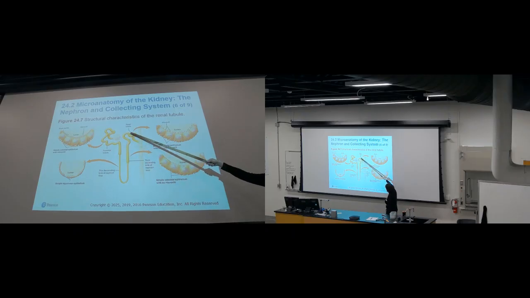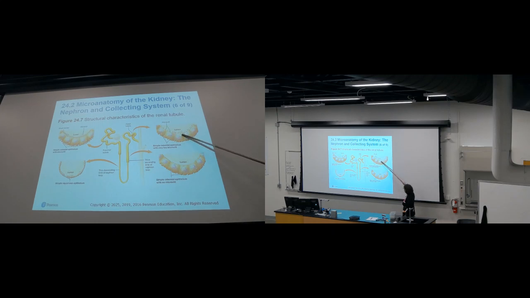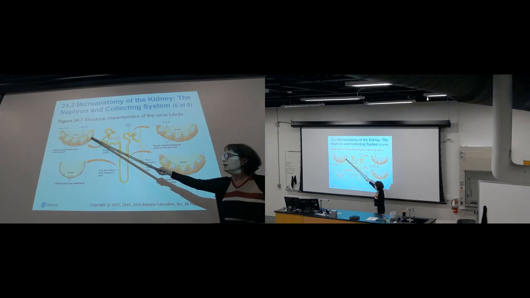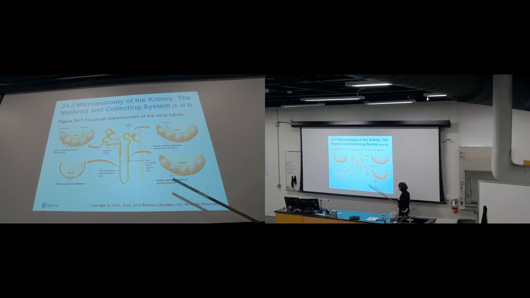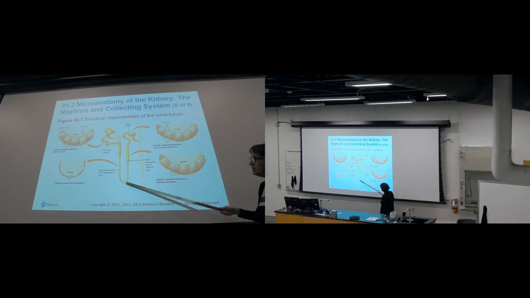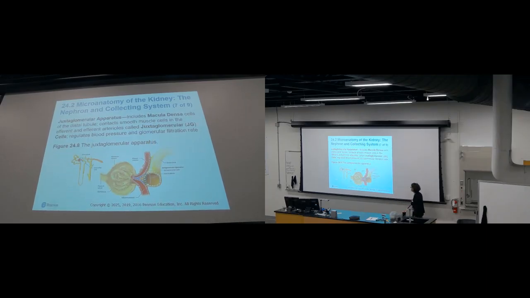And then if you go up, then you will form the distal convoluted tubule where you have simple cuboidal epithelium with very few microvilli. So if you compare, PCT has more microvilli than DCT. And then the ascending limb of the loop of Henle doesn't have microvilli, and this part, the descending limb, is simple squamous epithelium.